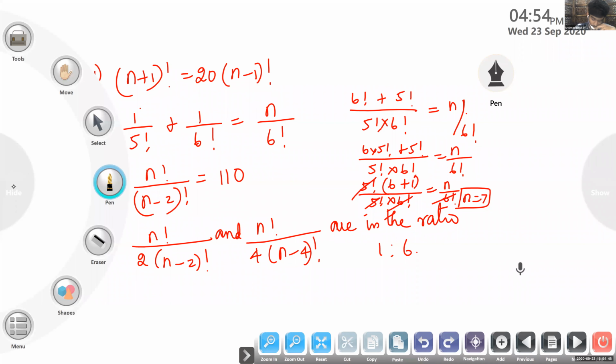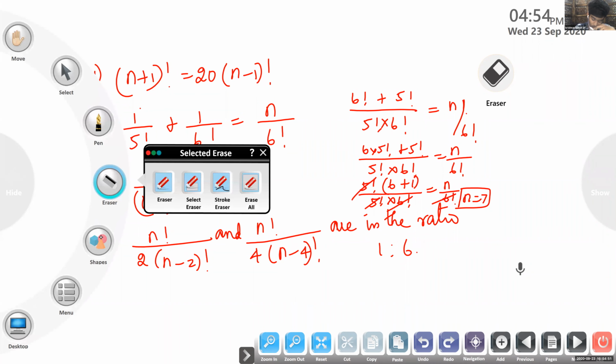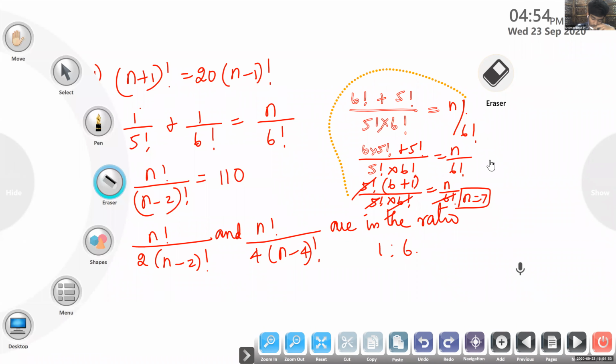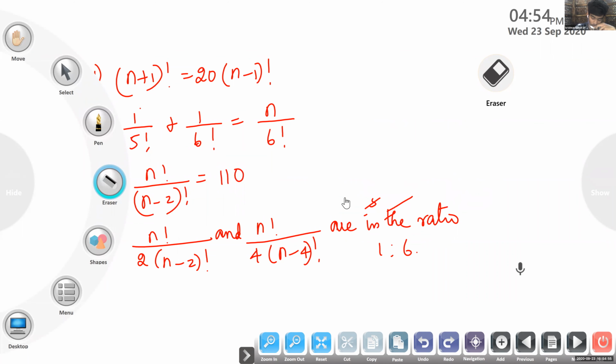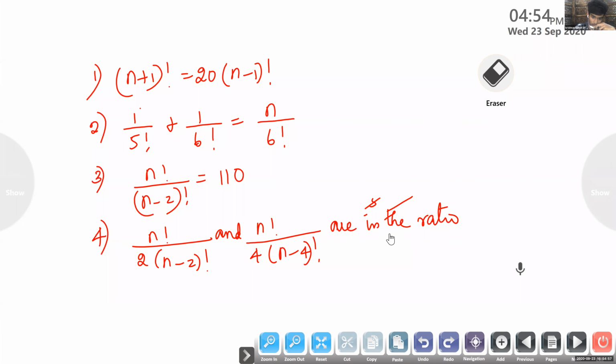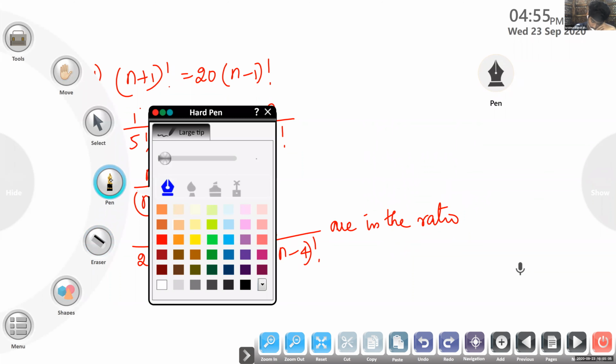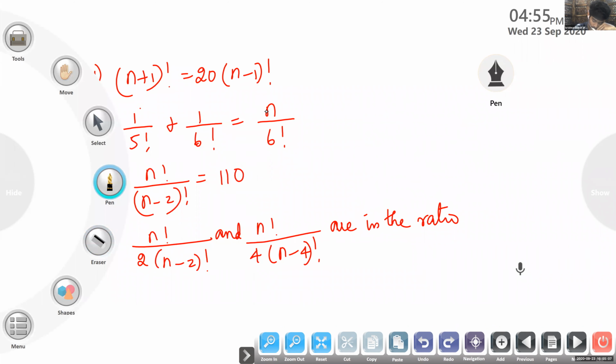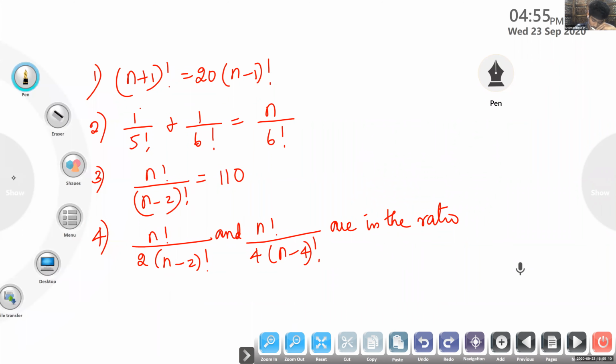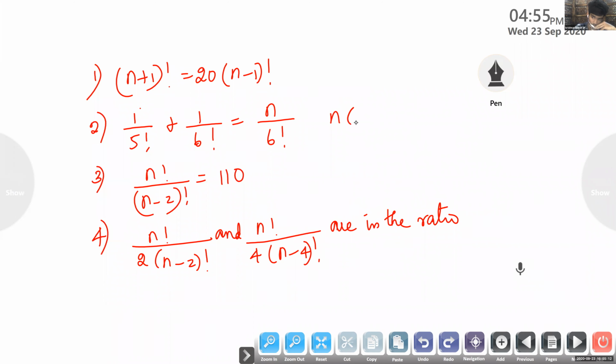n into n minus 1, and we will write it in the form n into n minus 1 into n minus 2 factorial by n minus 2 factorial. Then n minus 2 factorial will be cut. Then we will get n square minus n equal to 110.